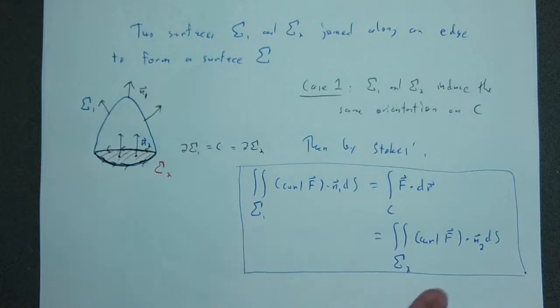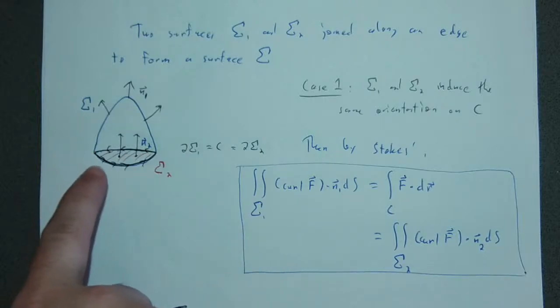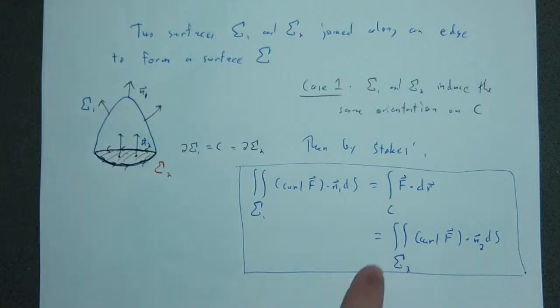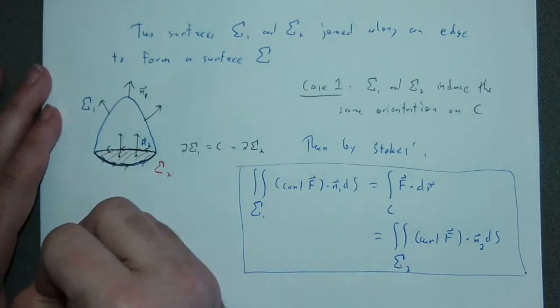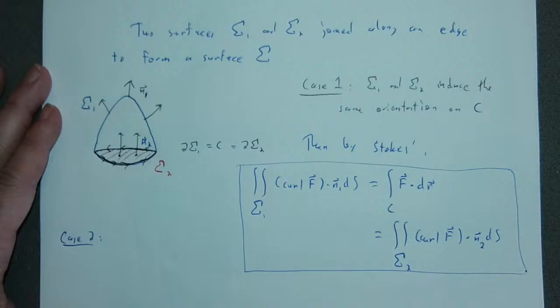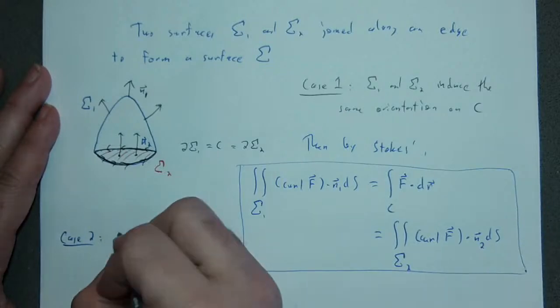So integrating the curl of f over sigma 1 is the same as doing the surface integral of curl of f over sigma 2 in this case. All right. Now let's think what happens in case 2, which is, instead of they induce the same orientation on C, let's say they induce the opposite orientation.